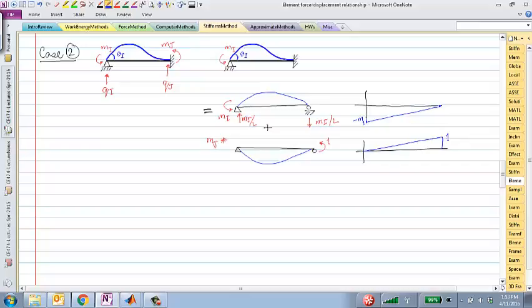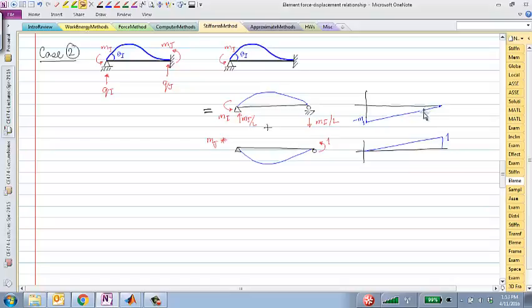Now, the rotation at the right end due to this bending moment diagram, how can I find that? Rotation at the right end. Moment area would not be that simple.